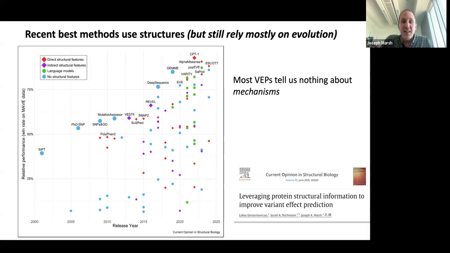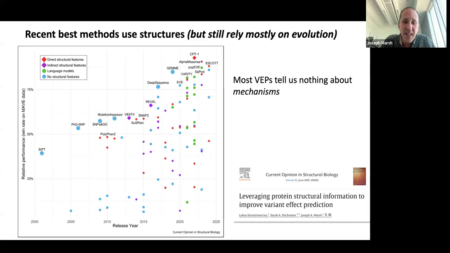And we classified the methods based on what kind of information they were using. And this was really, really interesting. So in blue are methods that don't use any structural information at all. Mostly they're relying purely on evolutionary sequence information, so information coming out of multiple sequence alignments where you've taken hundreds or thousands of protein sequences, aligned them together and looked at how conserved positions are.